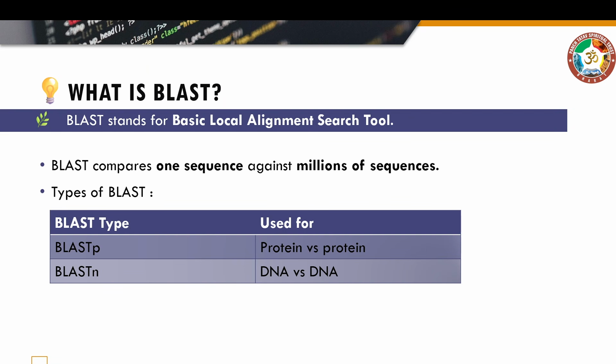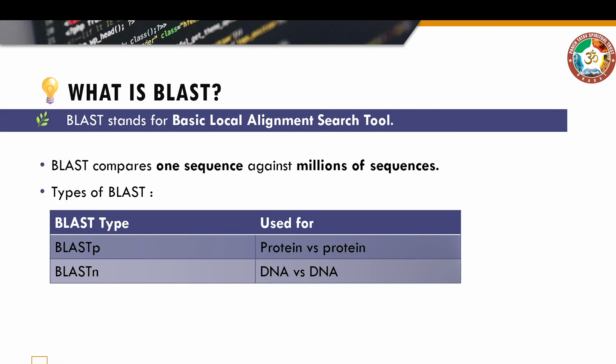Now let us understand what is BLAST. BLAST stands for Basic Local Alignment Search Tool. Basically, BLAST compares one sequence, our query sequence, against millions of sequences in the database.